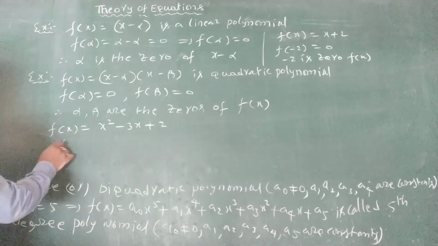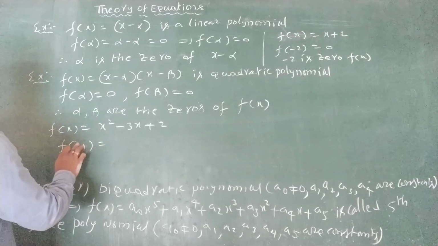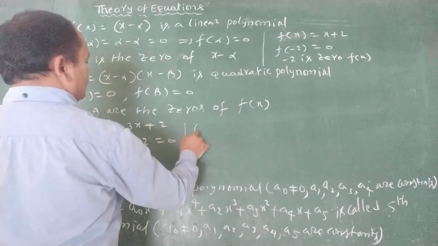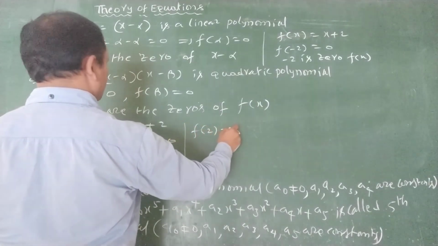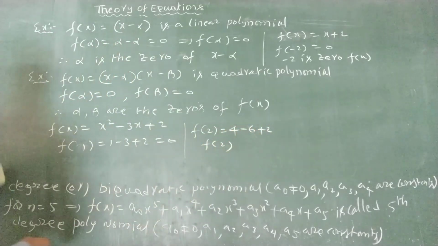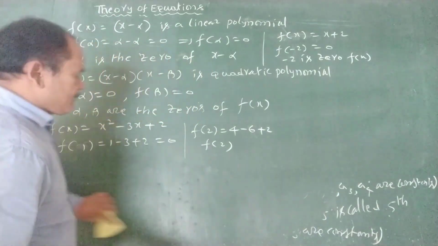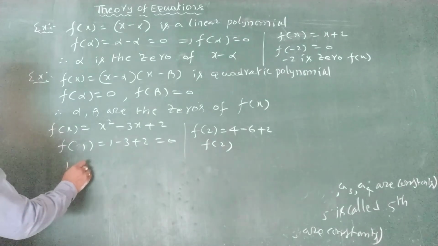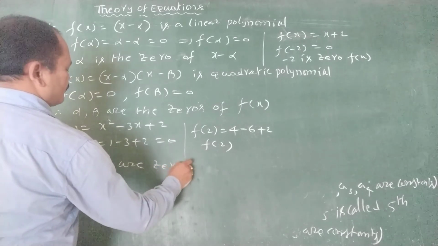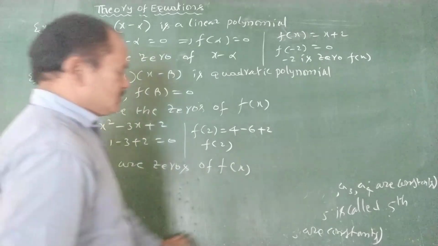Now f of 1 is equal to 1 minus 3 plus 2, that is 0. And f of 2 is equal to 4 minus 6 plus 2, so that is 0. That's why 1 and 2 are zeros of f of x. Are you clear?